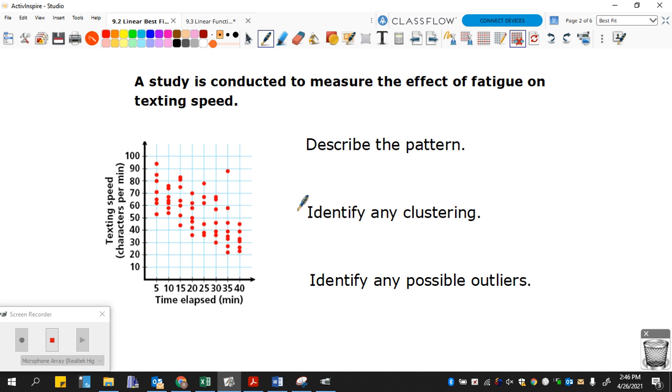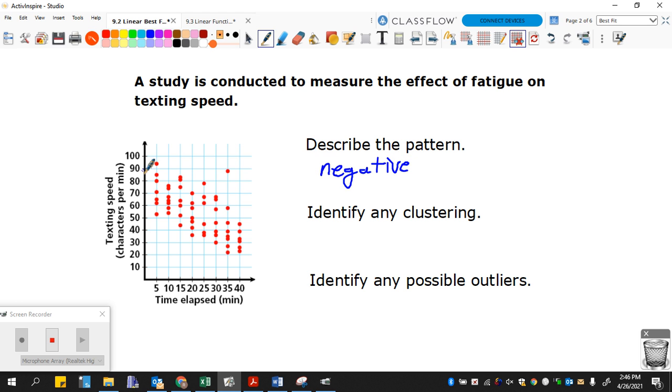So it says here a study is conducted to measure the effects of fatigue and testing speed. First of all, when we look at the pattern here, we're seeing a negative correspondence.